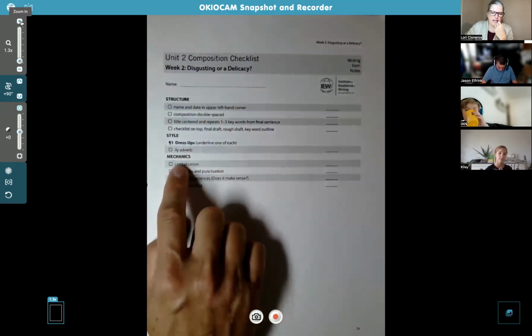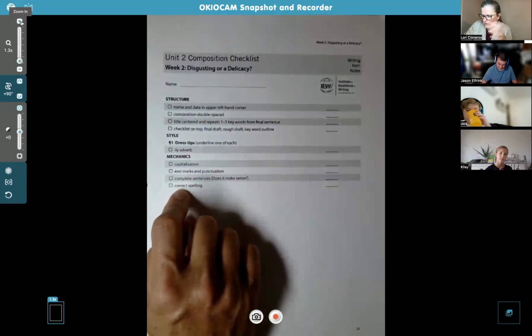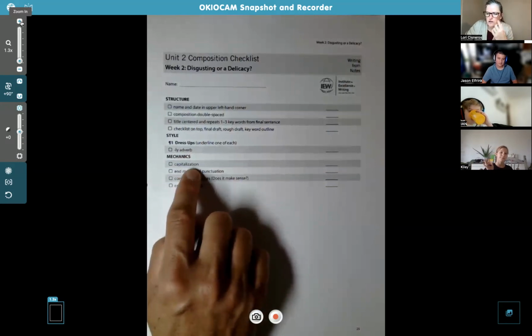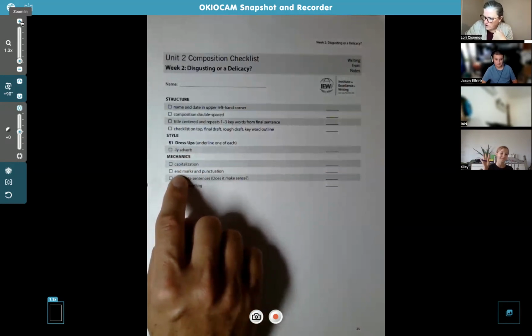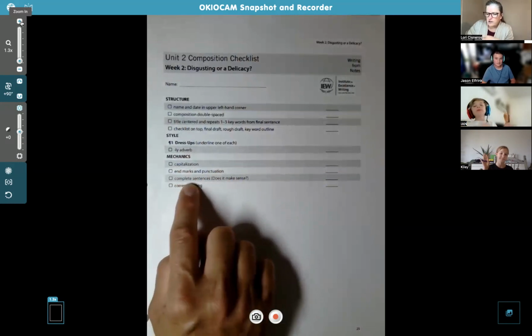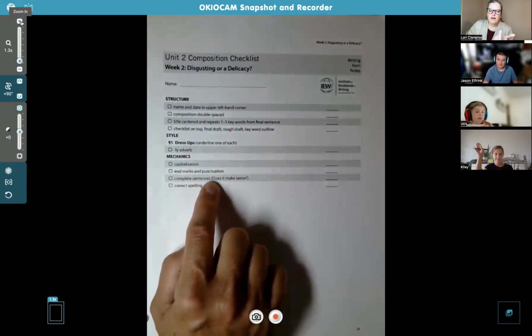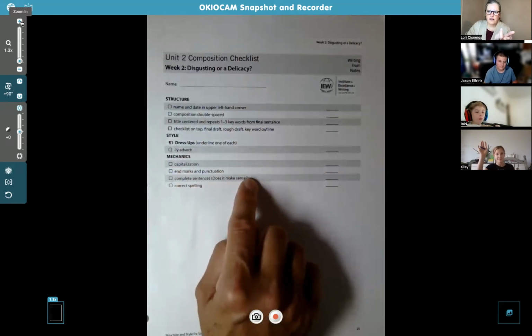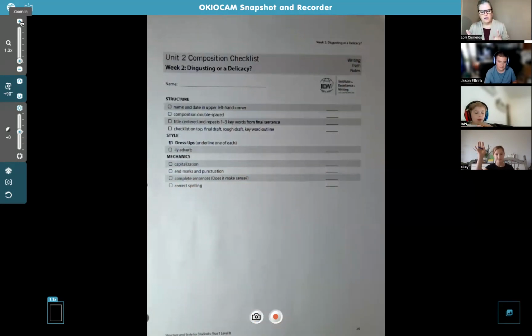Here are the mechanics. This is just like regular stuff that you always pay attention to. Making sure you capitalize your words at the beginning of the sentences, proper nouns, all of that. Your end marks and punctuation, make sure to have those there. You want to make sure your sentences are complete. And it asks you right here, does it make sense? And here's how you're going to tell. When you're done writing your paragraph, I want you to read it out loud.